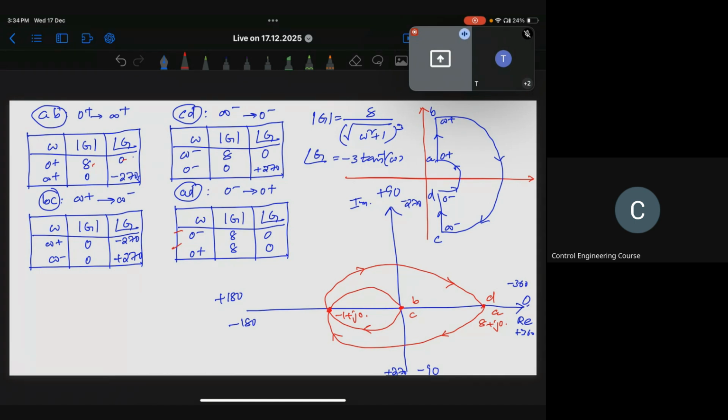For these four parts, A, B, B, C, C, D, each one belongs to one part. I think previously also we have solved problems on this. Any queries?